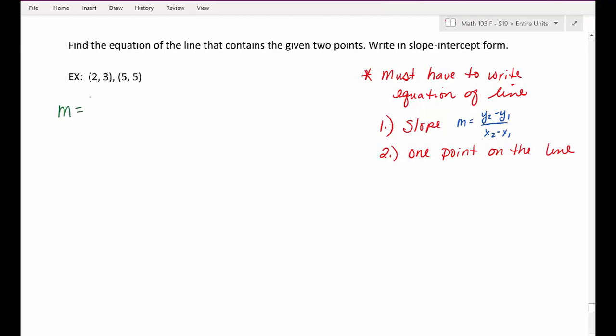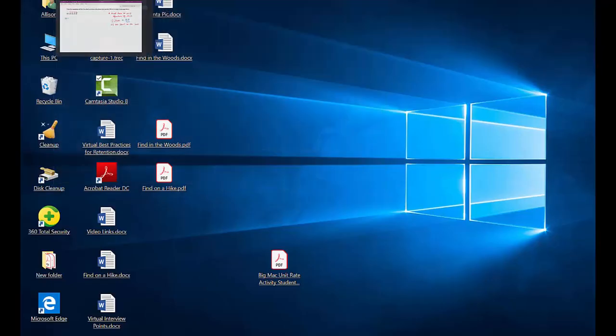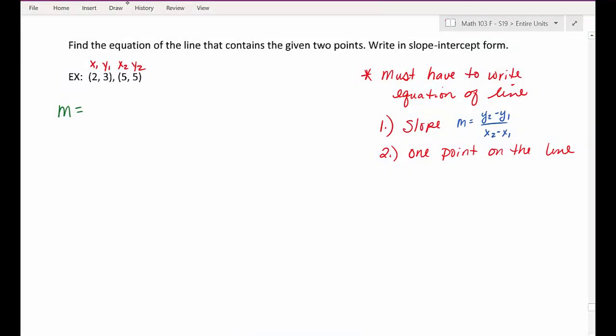So our slope, and I always like to label my points, is going to be 5 minus 3 over 5 minus 2. That gives us 2/3.